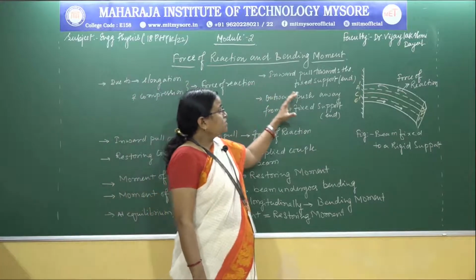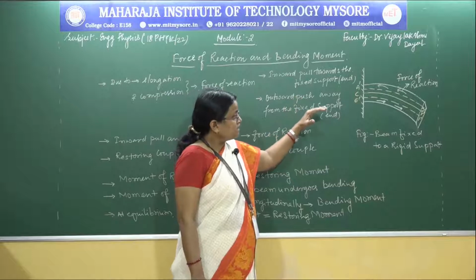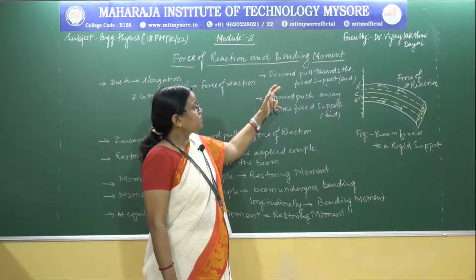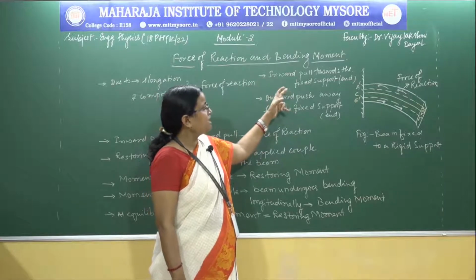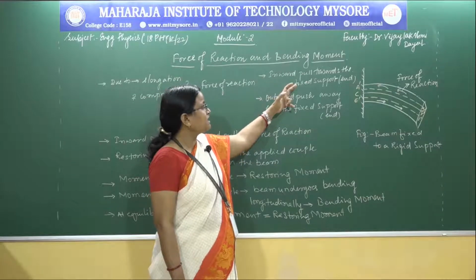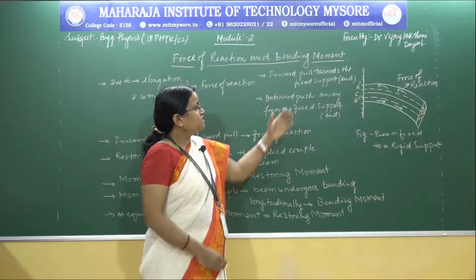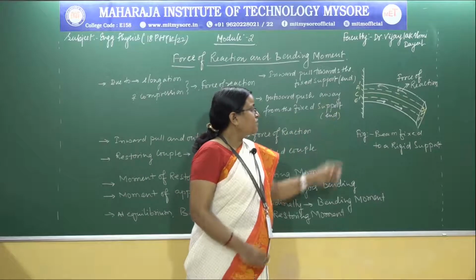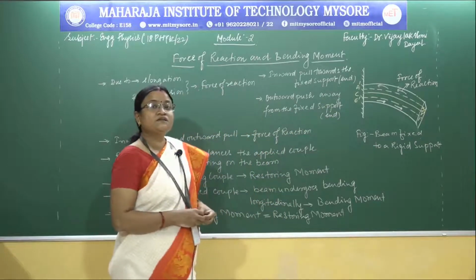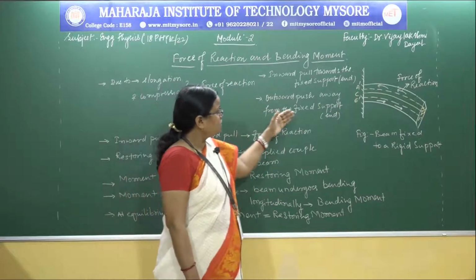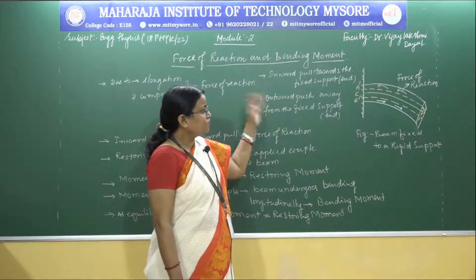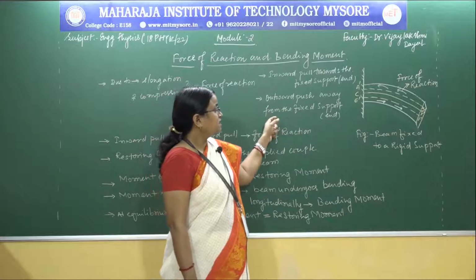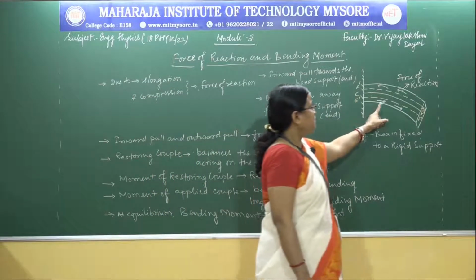The force of reaction in the upper layer will be in the inward direction. We can call it an inward pull, which acts towards the fixed end, and in the lower layer, where there is compression, an outward push, that is the force of reaction in the outward direction, acts away from the fixed support.